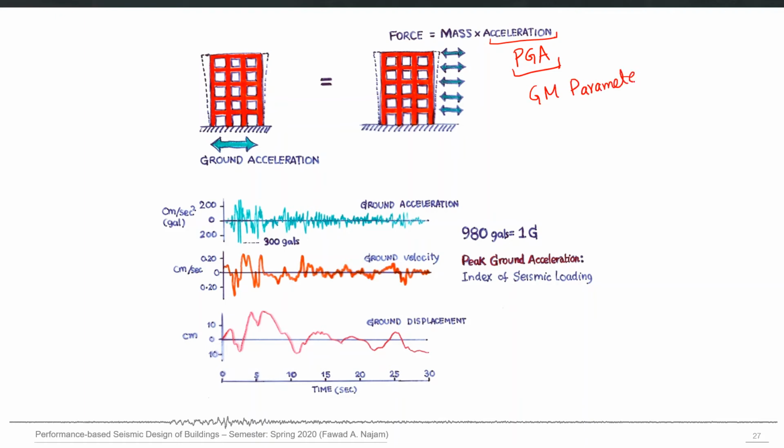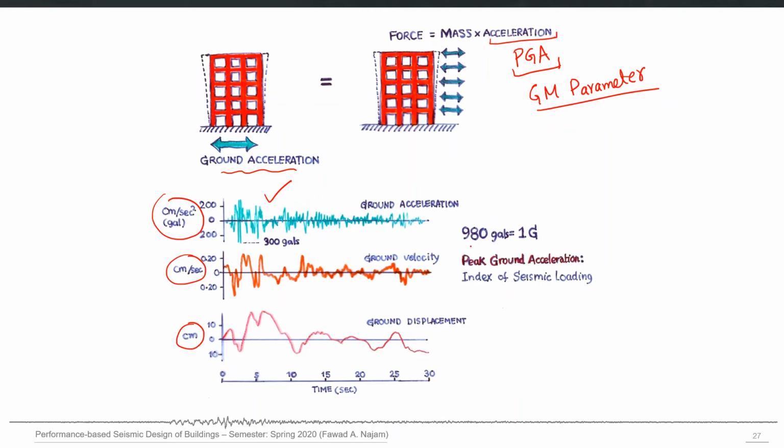and as I said in the start, different building codes will provide the ground motion parameters or the input required to calculate the effective earthquake forces, and those inputs will be a function of the peak ground acceleration. So if we have the ground acceleration versus time graph, we can integrate it to get the ground velocity versus time graph, and we can integrate it once more to calculate the ground displacement versus time graph.